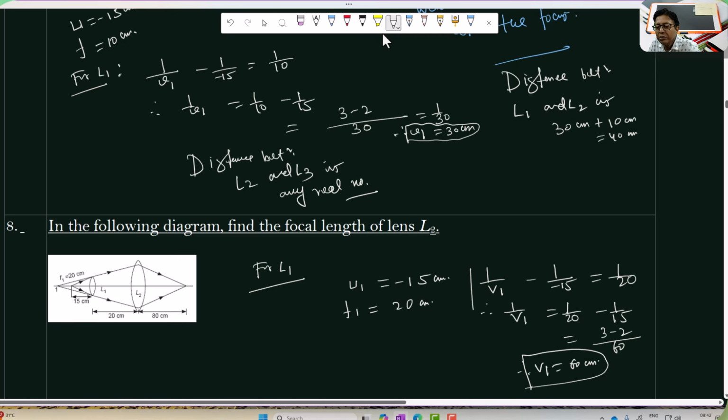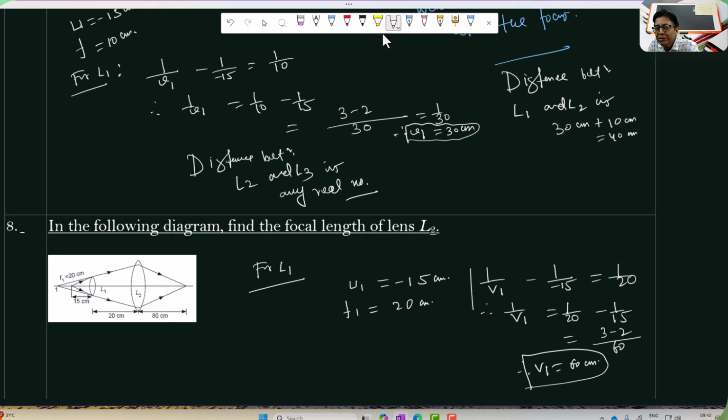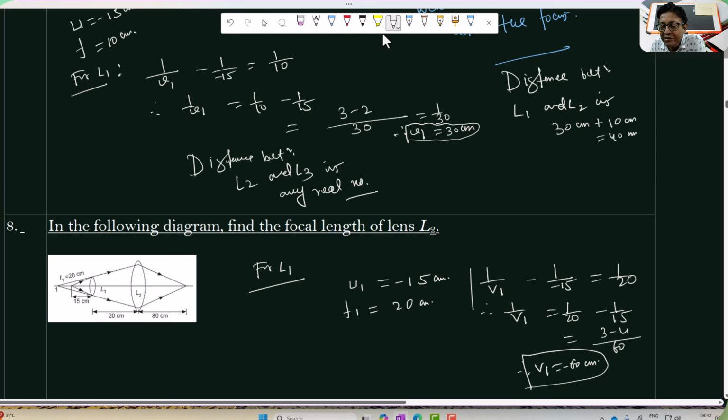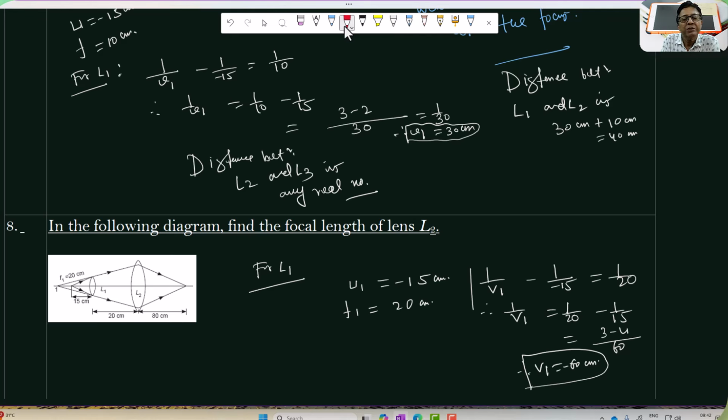V1 we got, wait a minute. Wait. 60, no, I have done some wrong calculation. This will be 3 minus 4. So this one is minus 60. The distance of the image from the lens is minus 60, which means it is formed on the left side of the mirror.